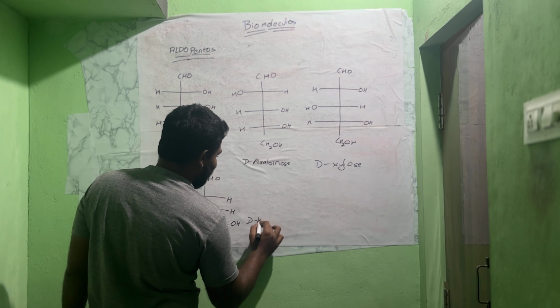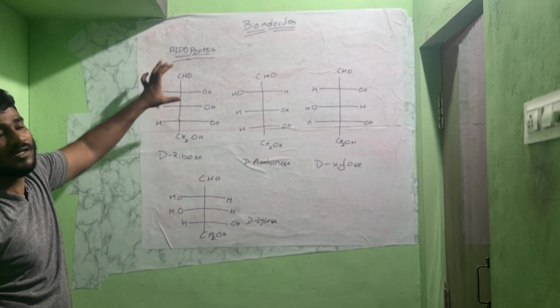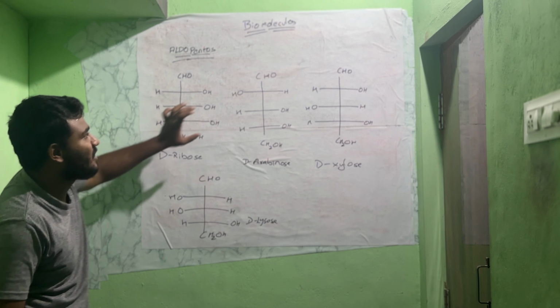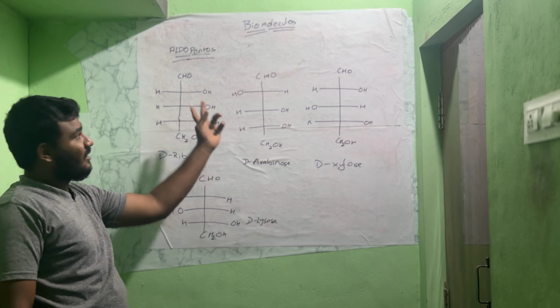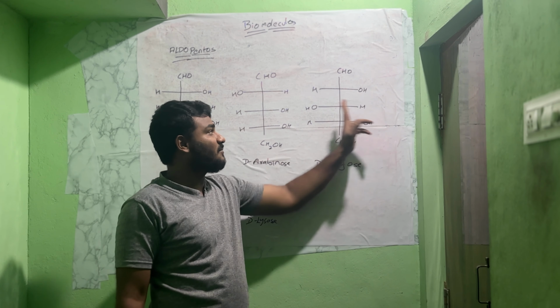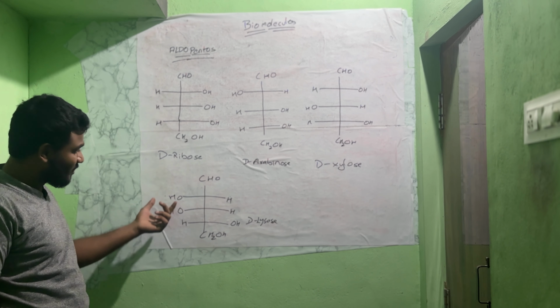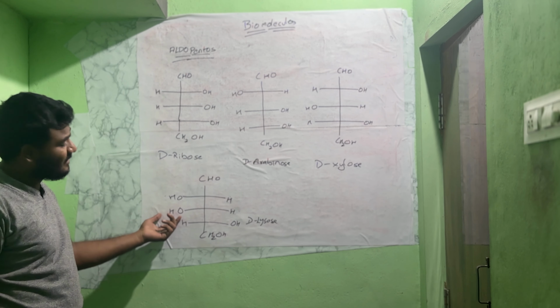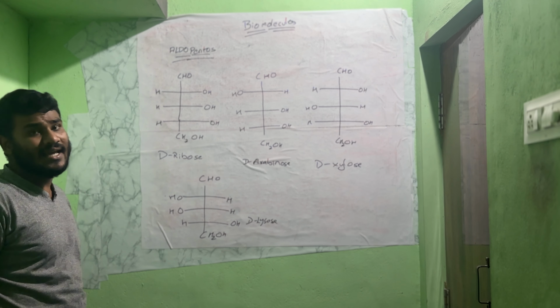This is D-lyxose. If three OH are present at one side, this is ribose. If only the second epimer is changed from right to left, it is arabinose. If the third epimer is changed from right to left, it is xylose. If both second and third OH are changed from right to left, that is known as D-lyxose.